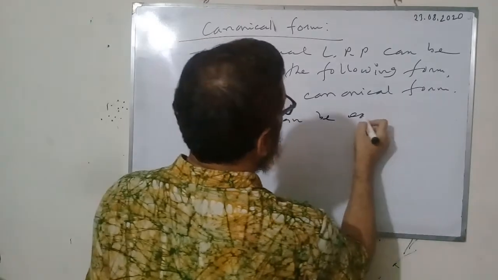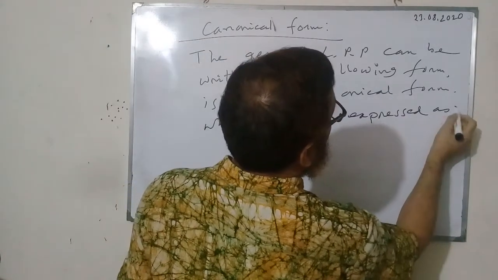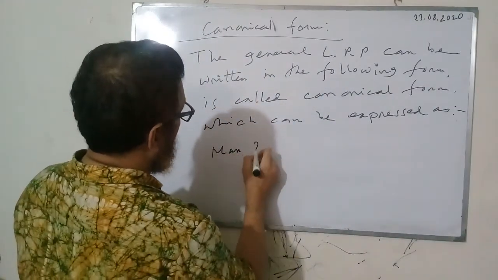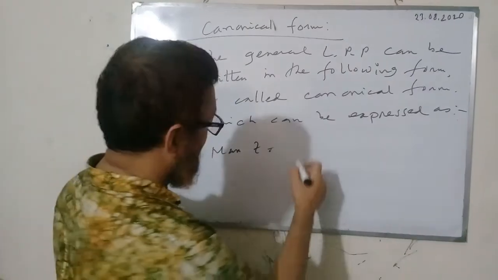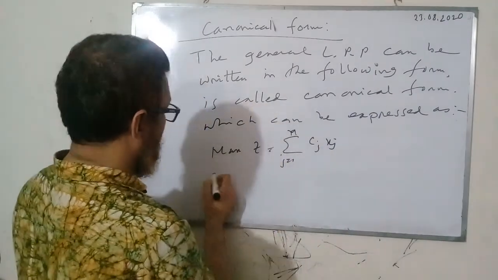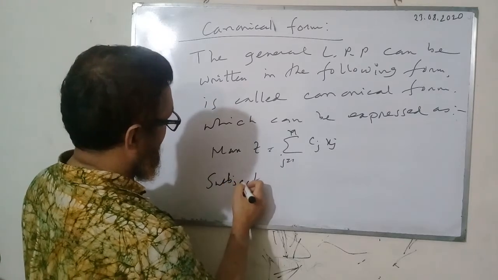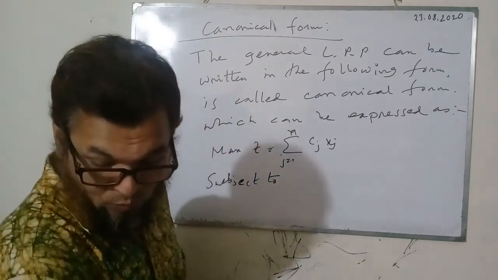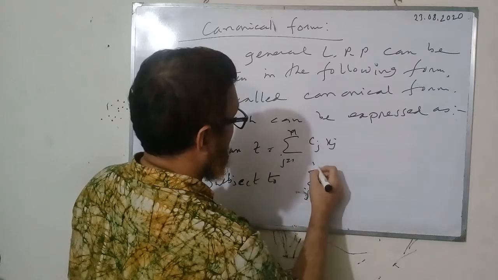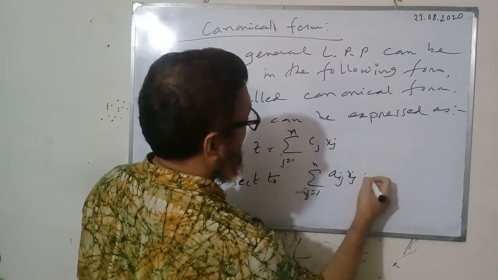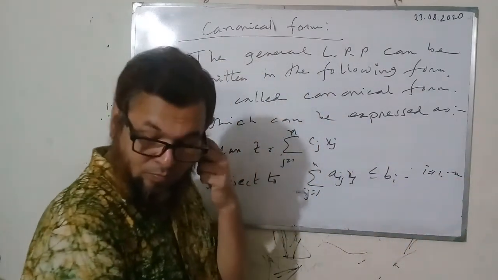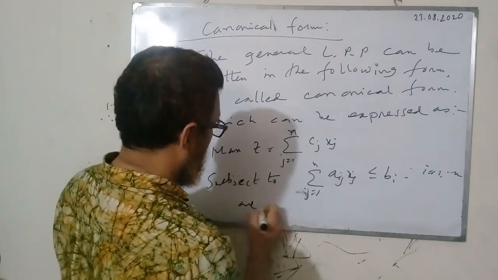It can be represented as max z equal to sum of cj xj, subject to the constraints, and xj greater or equal to 0.